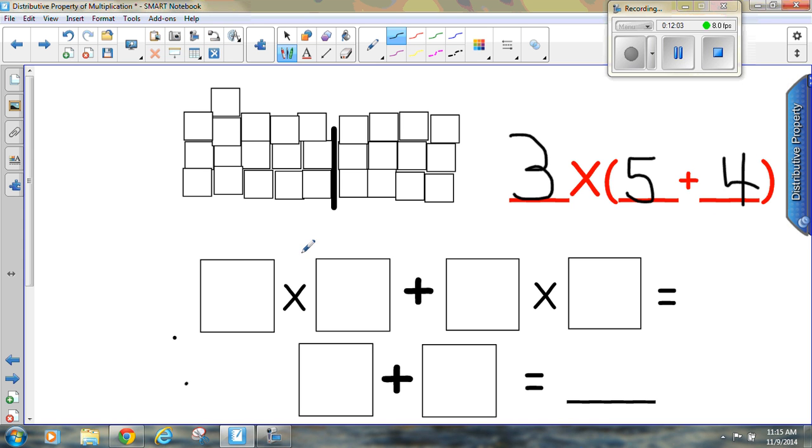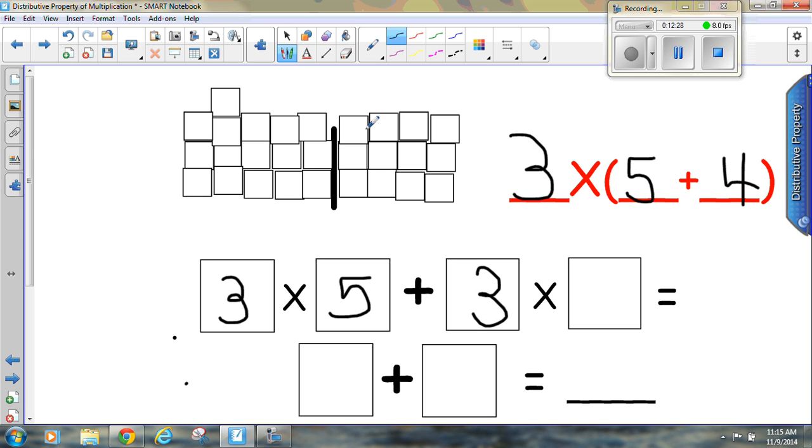So now let's do our decomposing. 3 rows to the left of the break apart stick. 1, 2, 3, 4, 5 columns to the left of the break apart stick. Then we have 1, 2, 3 rows to the right of the break apart stick.